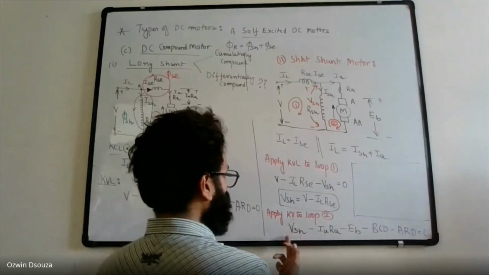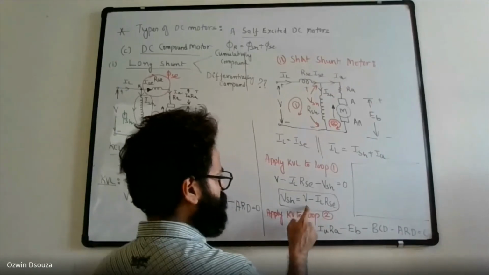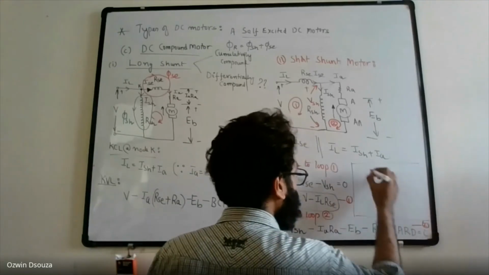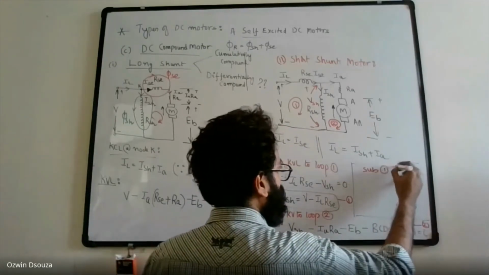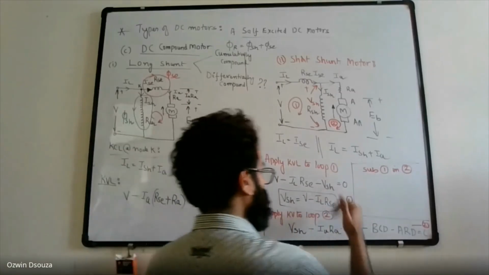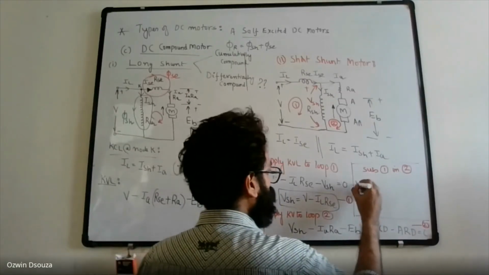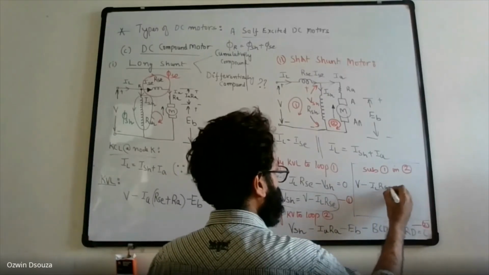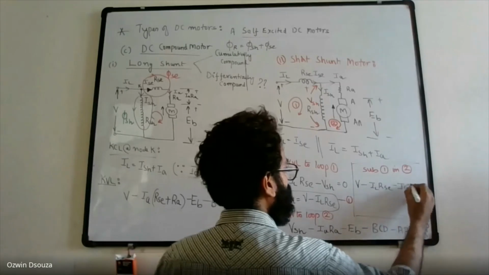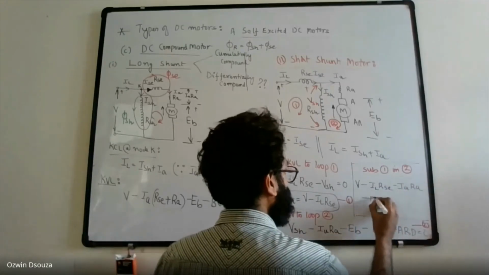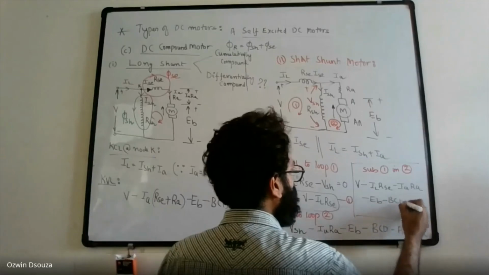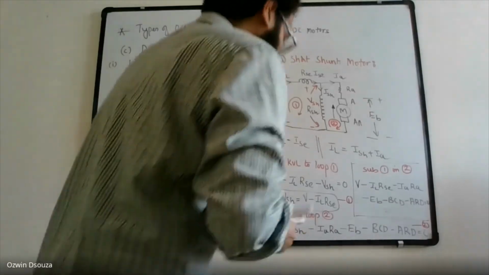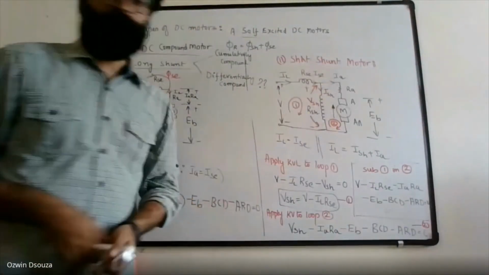VSH can be substituted from equation 1 into equation 2. When you substitute 1 in 2, what you get is V minus IL RSC minus IA RA minus EB minus brush contact drop minus armature reaction drop is equal to 0. This is your voltage equation for short shunt motor.